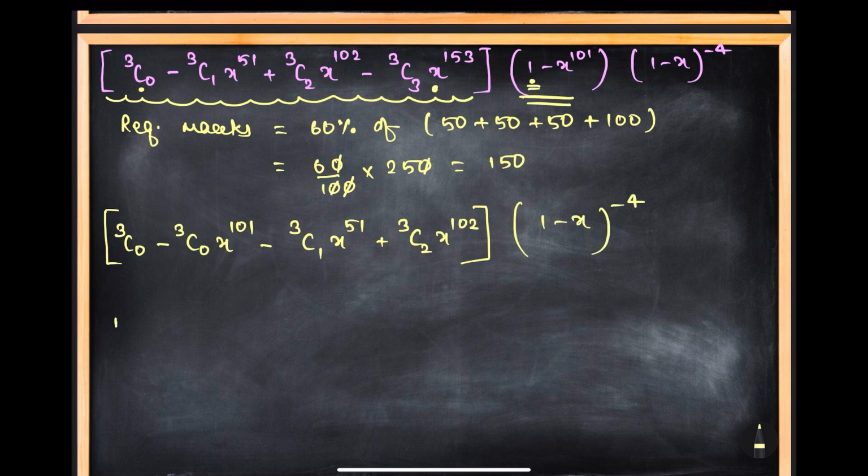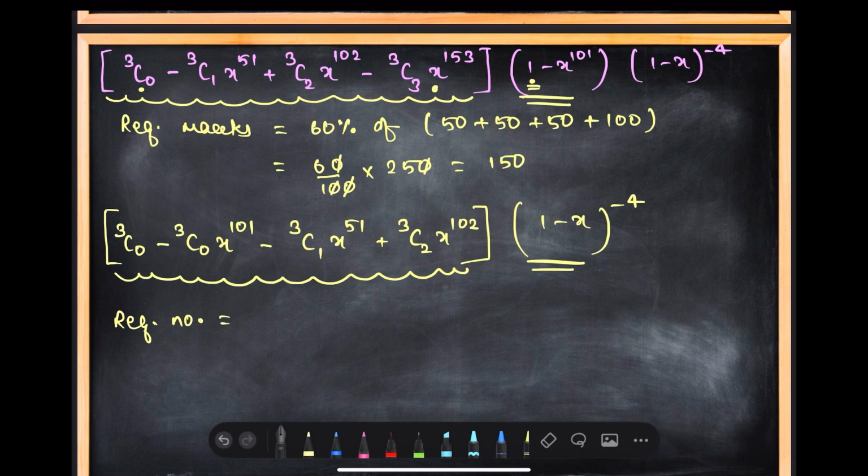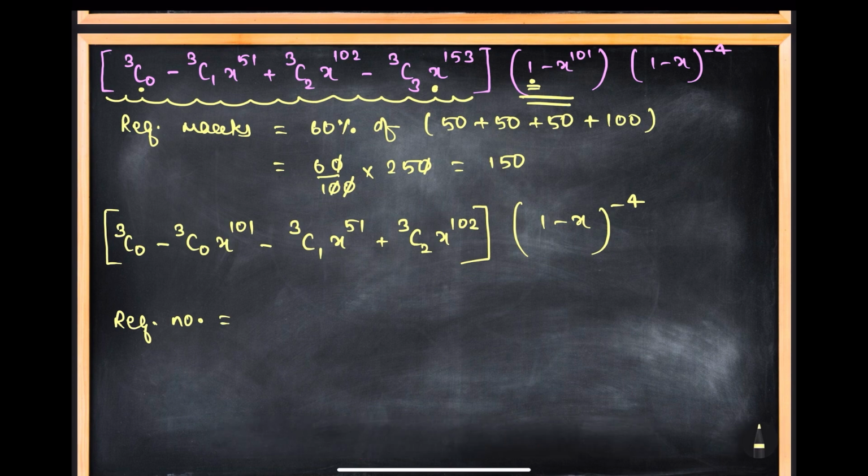Now look at this. Now the required number of ways. So the idea is, suppose that we have a fight between this group of persons and this group of persons. So we will organize the fight between those persons whose sum of powers after the product will become 150. Correct? So suppose this person wants to fight.